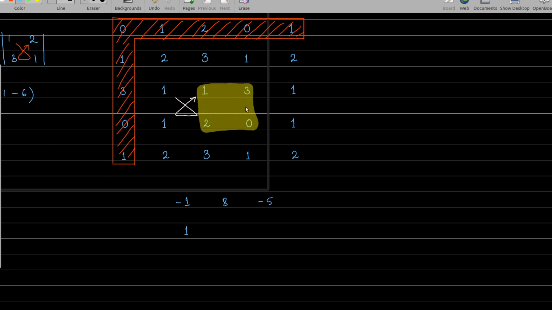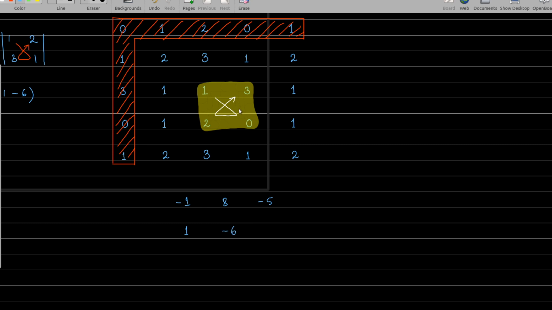Again, for this submatrix, 1 times 0 is 0, and then minus 2 times 3 is 6. So this is going to give us minus 6.